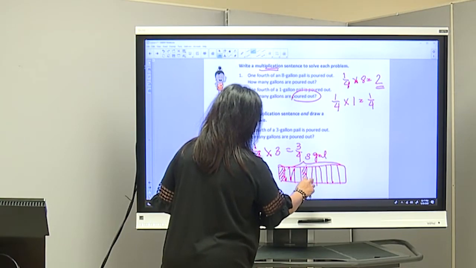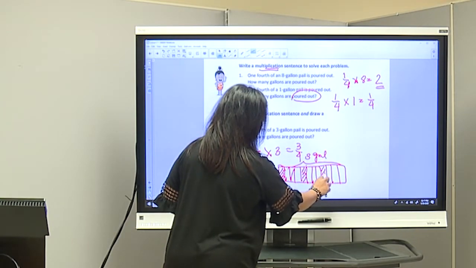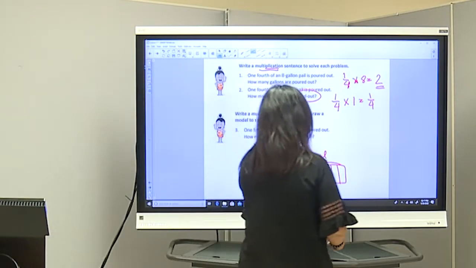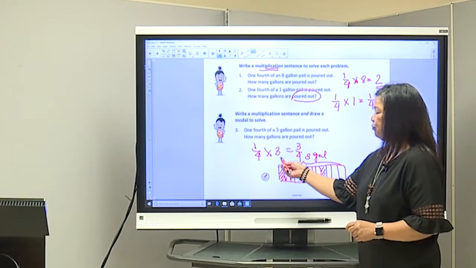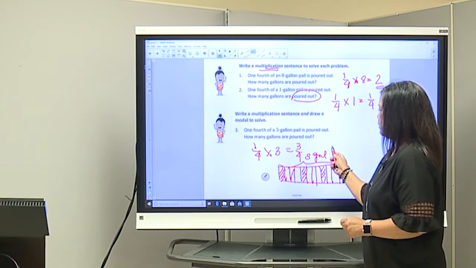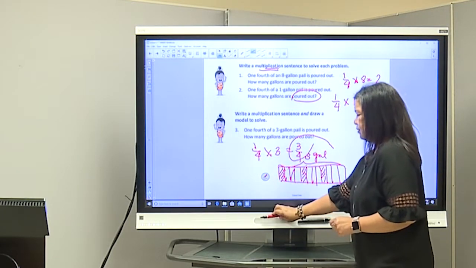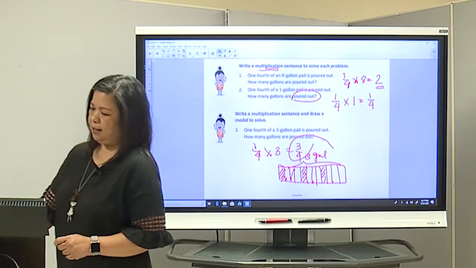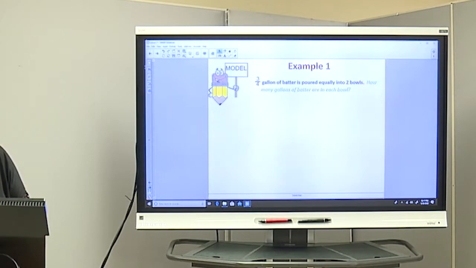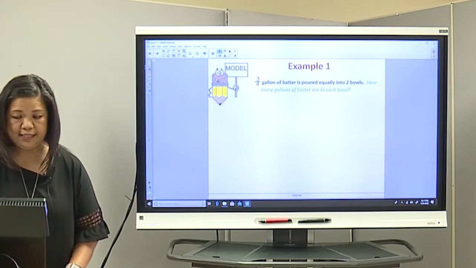We get 1/4 here. And on the 3rd gallon, we get 1/4 there. So if I have 1/4 and 1/4 and 1/4, it's simply saying that we have 3 of those fourths. And 1/4 times 3 is 3/4 gallons. Okay? So good job. Now we continue with example 1.